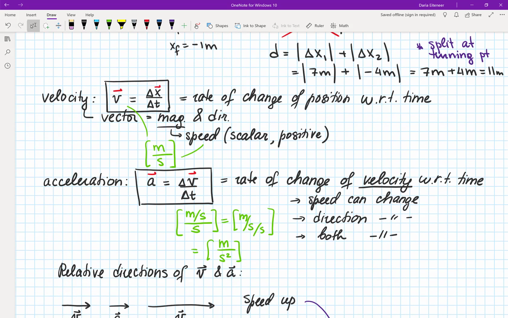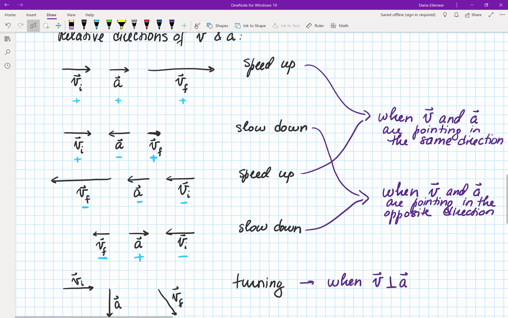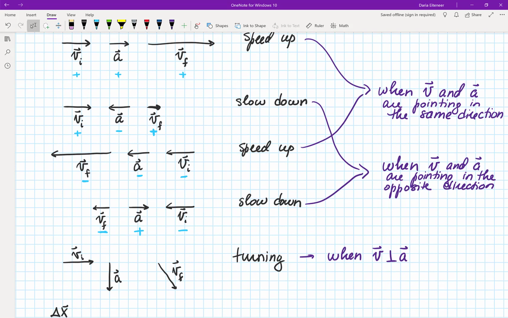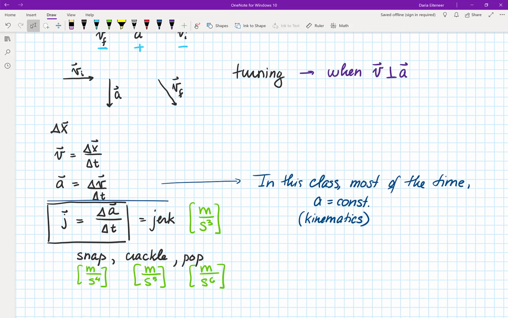And in principle, you would need all of those quantities to completely describe one-dimensional motion. So relative directions of velocity and acceleration, important because you can use them to explain kind of how motion changes. We'll come back to that too. And then I showed you this briefly, but all of those things past acceleration are not really that essential.